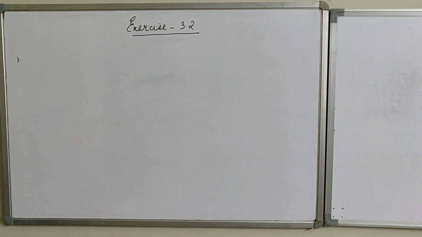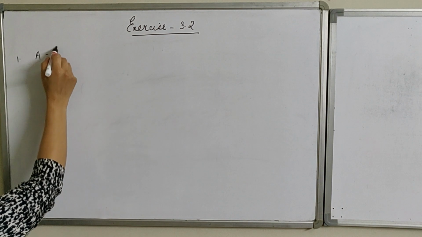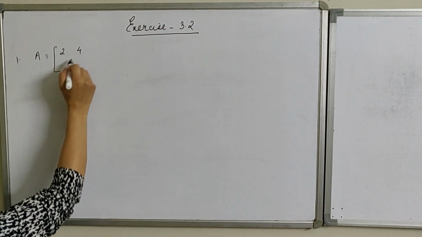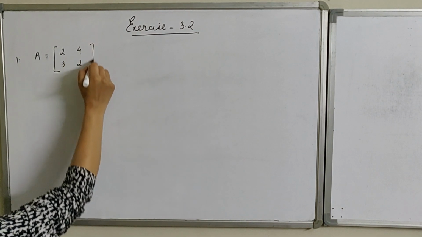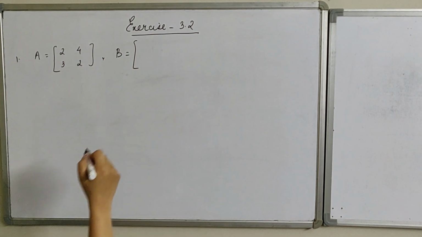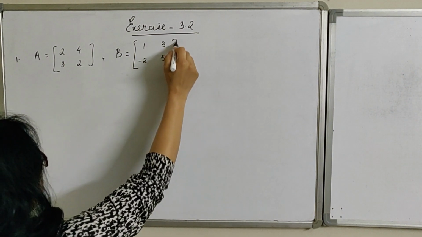Question number 1. Matrices A, B and C are given as square matrices. Matrix B is 1, 3, -2, 5.